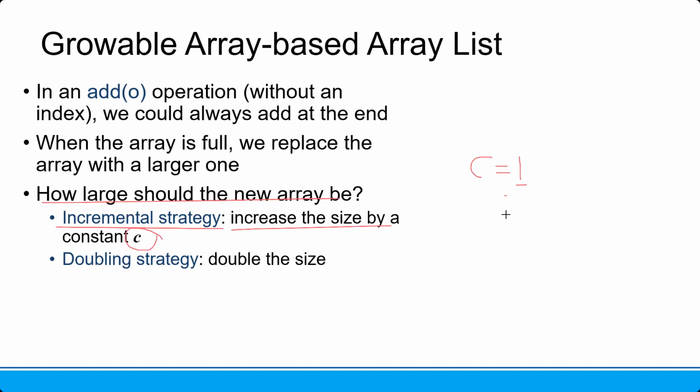If c equals 2, then for every new element you will add 2 to the array. Or we can have the doubling strategy. Let's say now the length is 5. Because I have a new element, the array length becomes 10, regardless of the number of elements to be added.